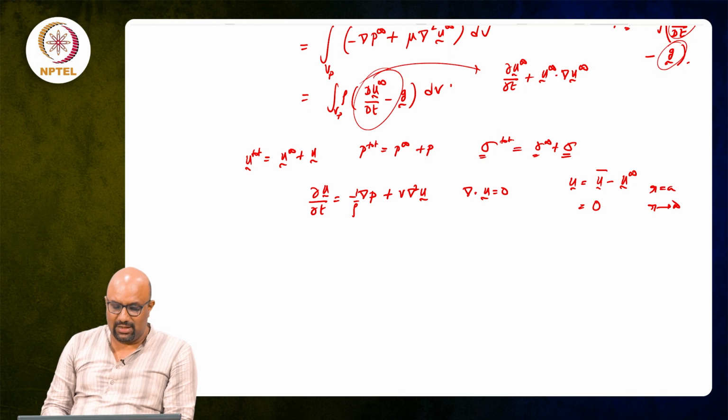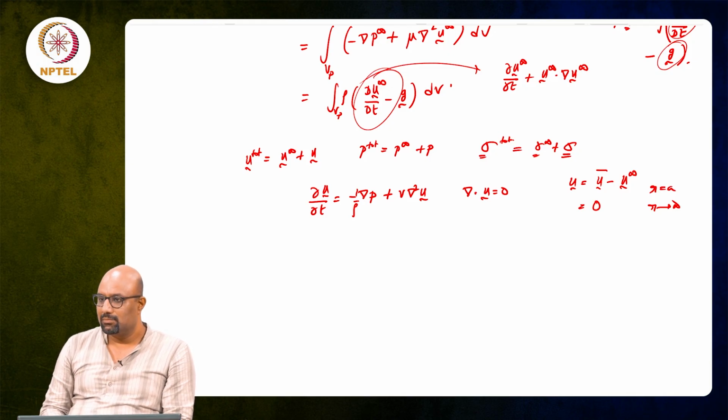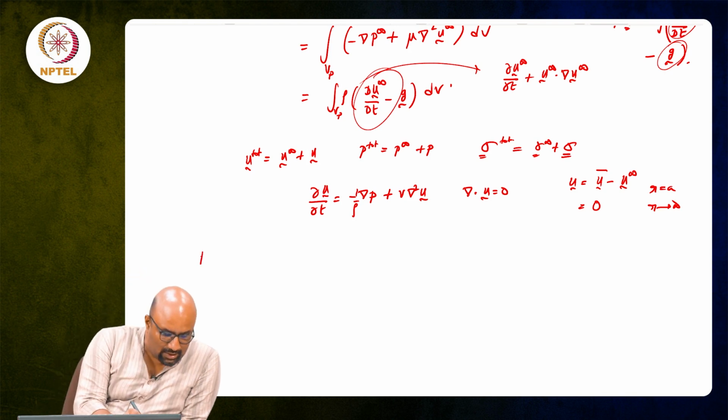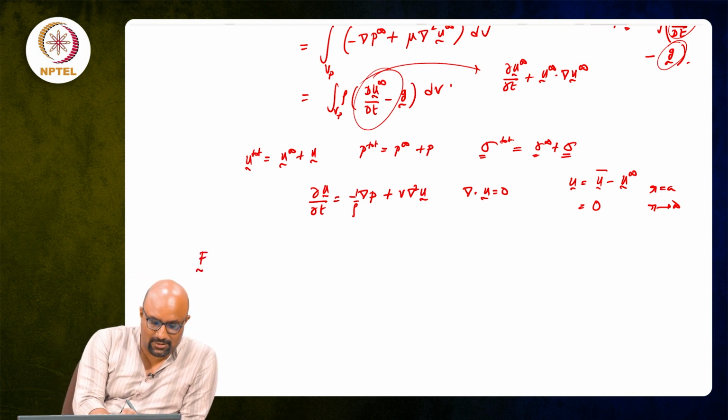Now this equation is again quite similar to what we have done, right? This is still the same unsteady Stokes equation, nothing particularly changes about this equation. And if I have to compute what the force is, the total force is the undisturbed force plus the disturbance.